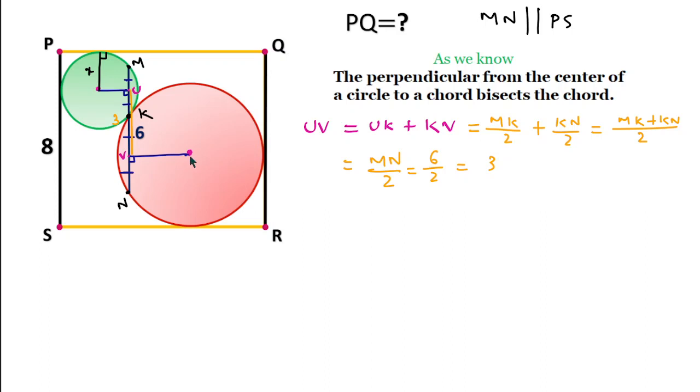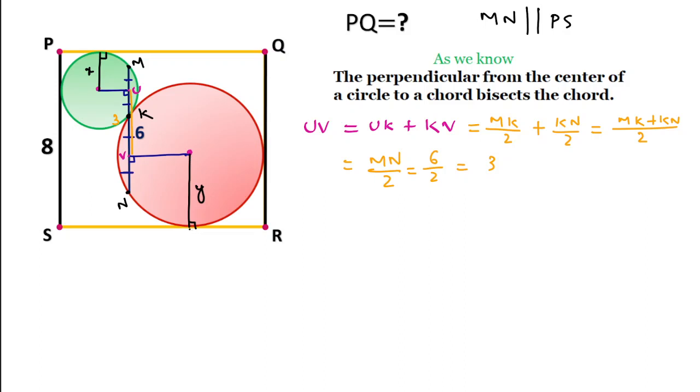And here also if we draw, then this will be a radius. Let's suppose this radius will be y units for this red circle, and here SR is a tangent for this red circle, so this will also be perpendicular because the radius is perpendicular at the point of tangency.